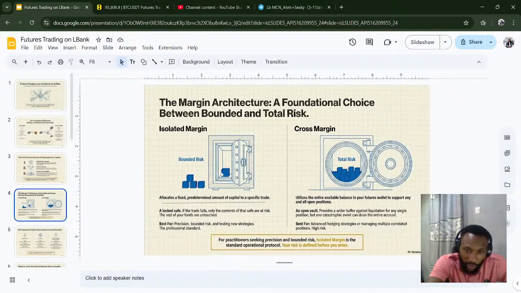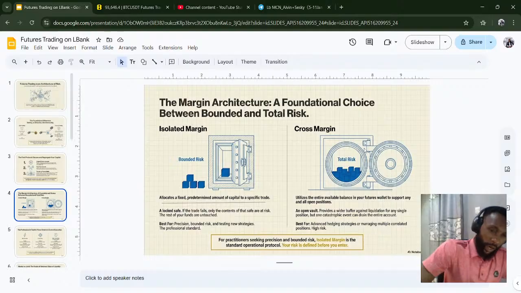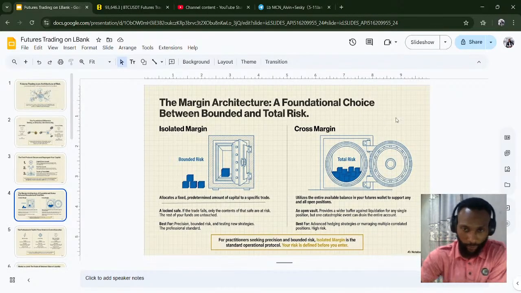Whatever loss you run at, only this block is going to be affected. It wouldn't affect the whole thing. That is what the diagram illustrates.